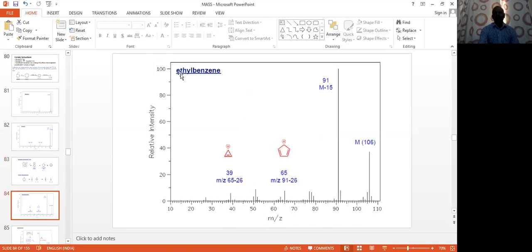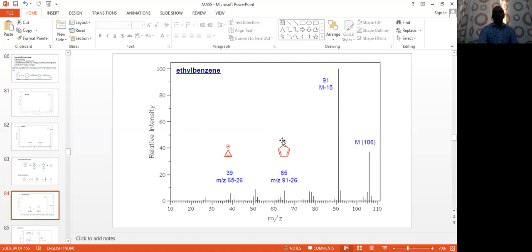Next, I have given you the ethyl benzene example, along with toluene. For ethyl benzene, you can see the molecular ion peak, the M plus peak, at 106, which is the molecular weight. Then 91 is because of the loss of CH3, and the benzyl cation undergoes scrambling to the tropylium ion.